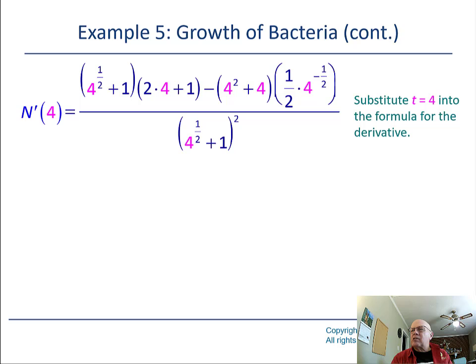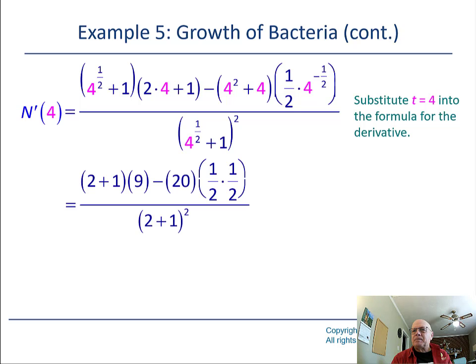Each one of those turns out to be pretty easy. Remember, 4 to the 1/2 power means square root of 4. Square root of 4 over 1 for this one. Go through these very carefully. There's the 2. There's the 1. This gives me the 9. There's our minus sign. 4 squared plus 4.